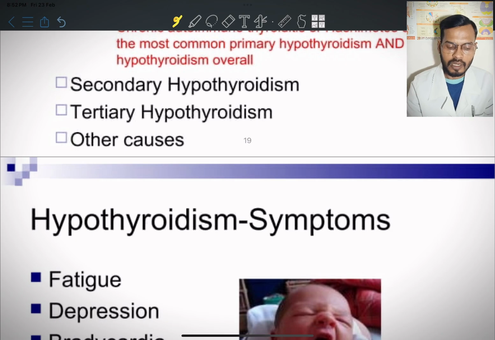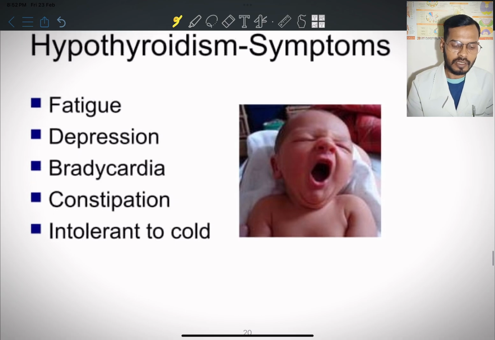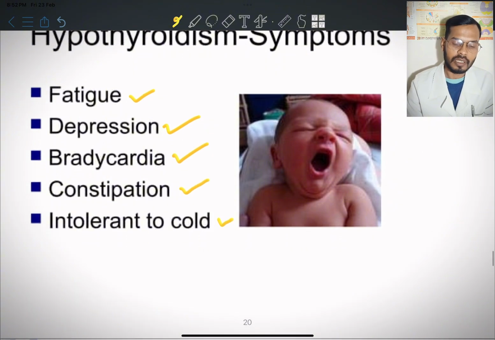There are also secondary hypothyroidism, tertiary hypothyroidism, and some other causes. Its symptoms are fatigue, depression, bradycardia, constipation, and intolerance to cold in hypothyroidism, but in hyperthyroidism, heat intolerance occurs.